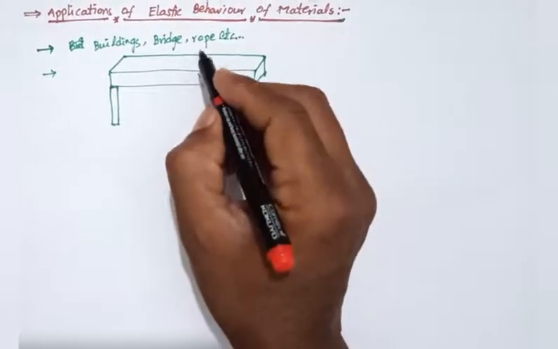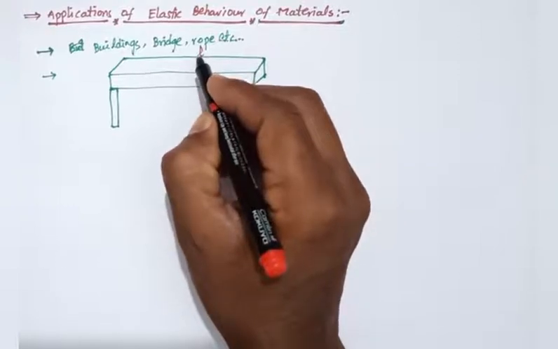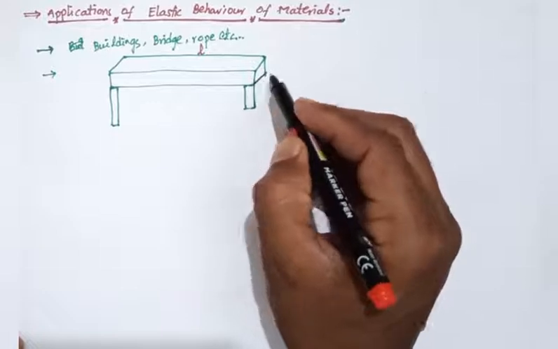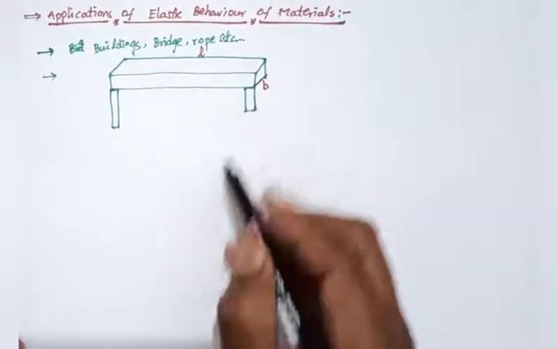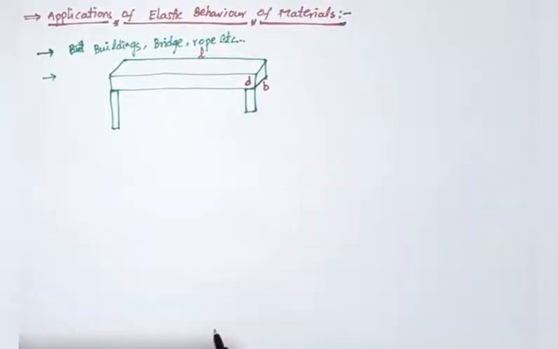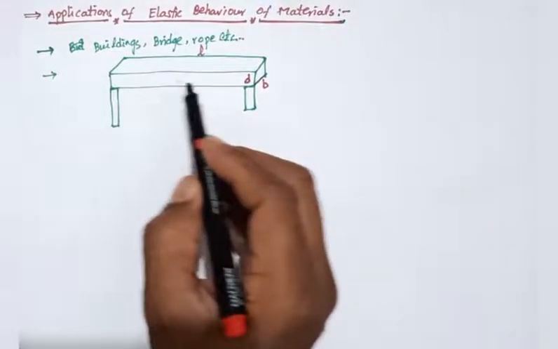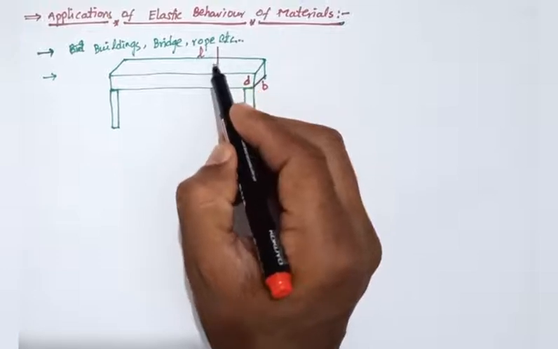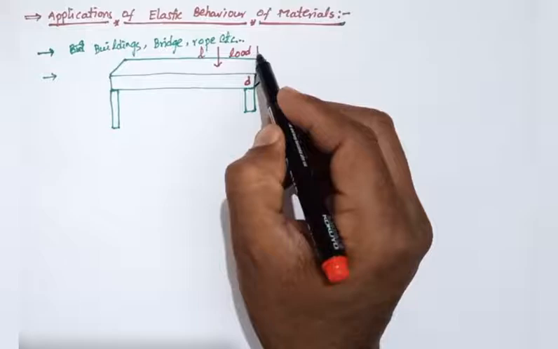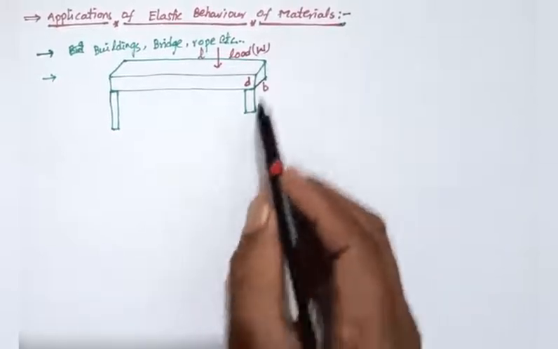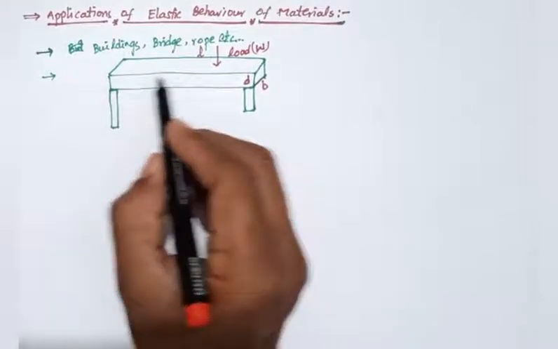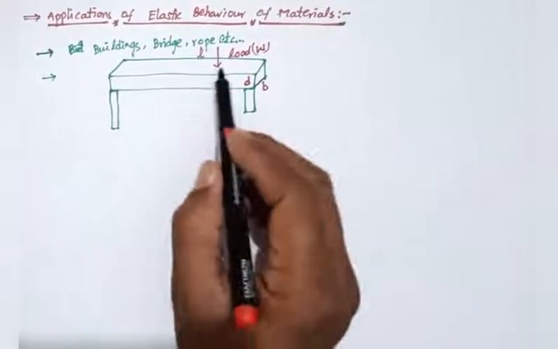The length is L, the width is B, and the thickness or depth is D. When the load W is applied on this bridge, the material inside is used.